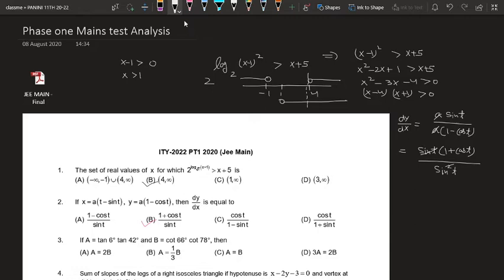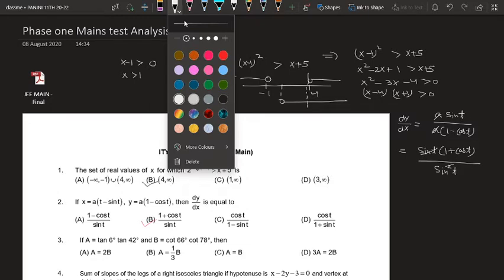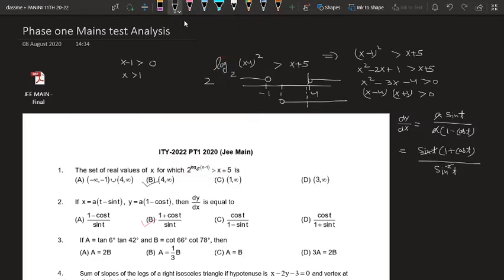Now question number 3. If we solve this question number 3, then what is given in 3? In all the options, a is equal to 2, b is equal to 1 by 3, or a is equal to b.